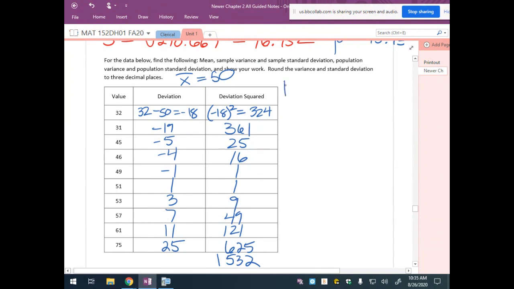So, population variance, we get 1,532, and what do we divide it by? 10. Well, that's going to be 153.2.